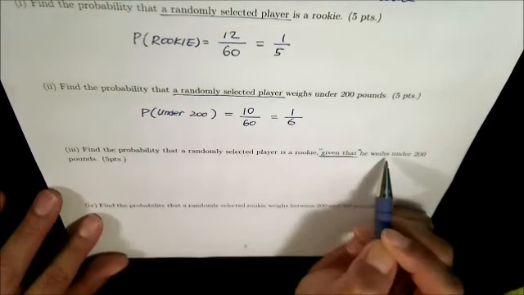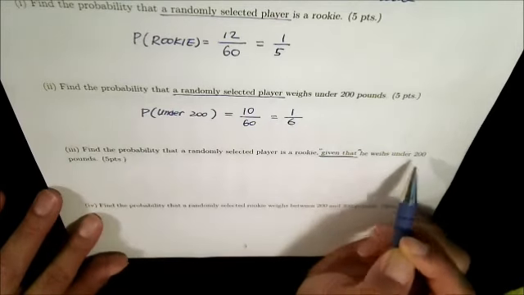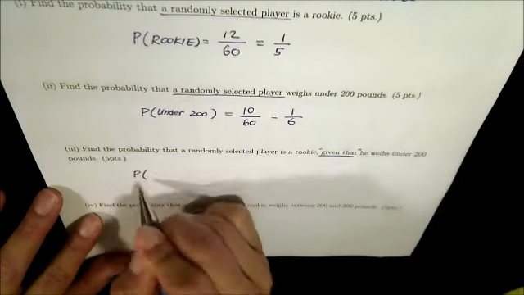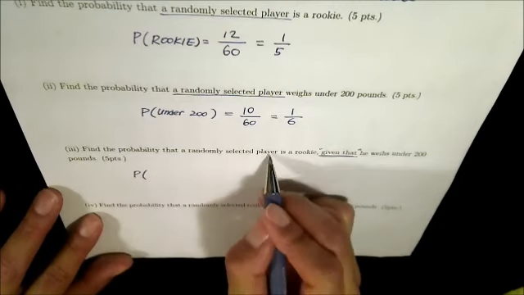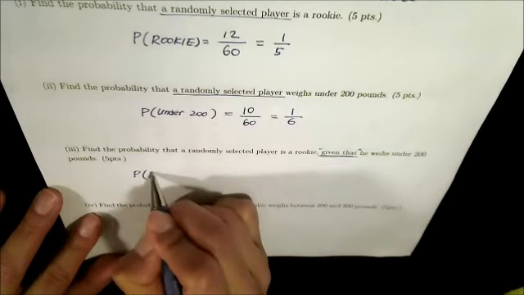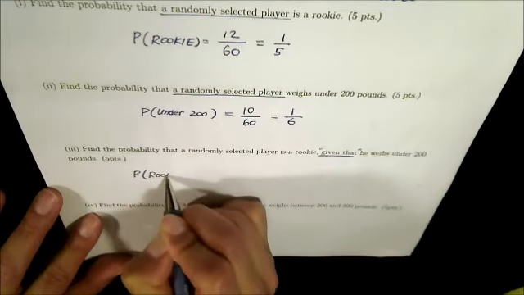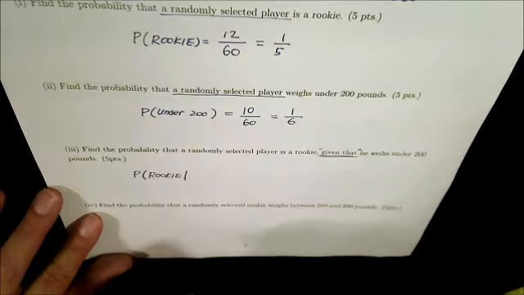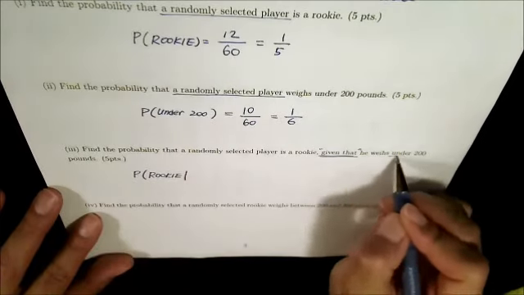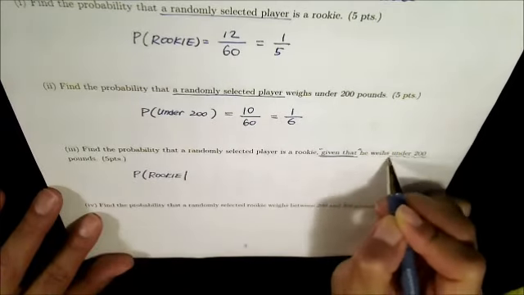Given that he weighs under 200 pounds, if we write this, the probability that a randomly selected player is a rookie. This is my interest, whether the person is a rookie or not, under the condition that under 200 pounds is given.